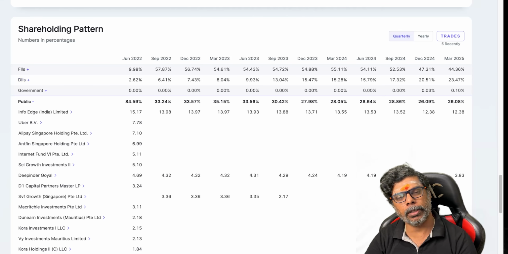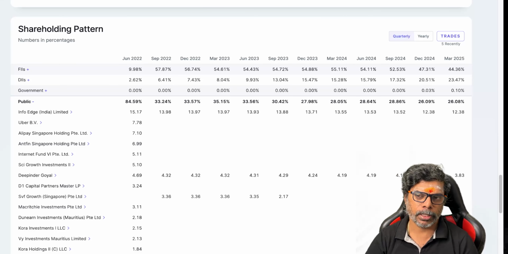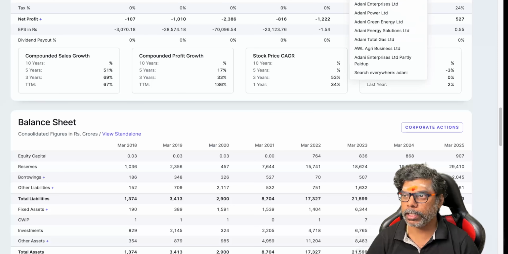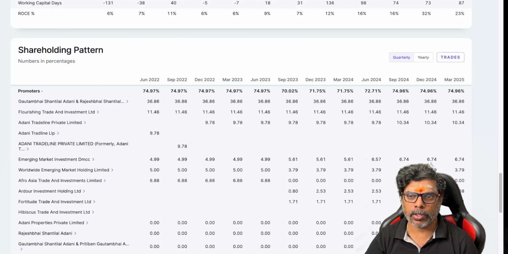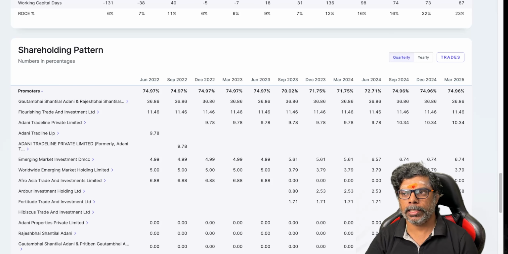If I go for Adani Power, promoters hold 74.9%, with Gautam Adani at 38.86%, and the shareholding is consistently increasing. On one side it is positive that the promoters are buying their own shares. Another problem is that more promoter holding creates more demand, and the stock price may go high because the float might be very less.